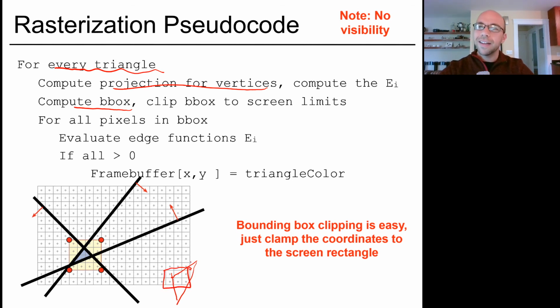It doesn't need to be the whole triangle. And now, for each pixel in this bounding box, we evaluate those functions, check their sign, and if they're all positive, we're on the inside. Okay. So obviously this code doesn't deal with visibility, but if you added a z-buffer check, it would.